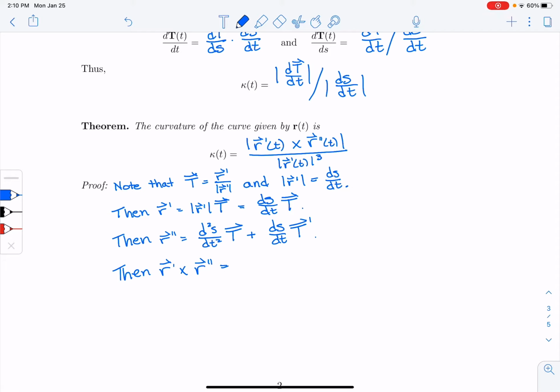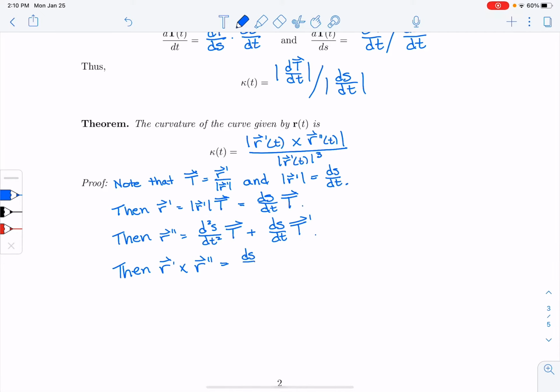Okay, well, that's going to be the cross product of ds/dt T with d squared s/dt squared T plus ds/dt T prime. So now I've got to take that cross product. So the cross product with a sum of two vectors is going to distribute.